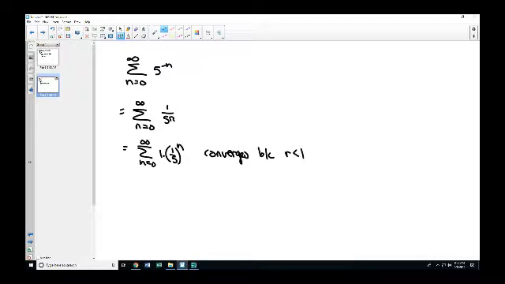Okay, what is the sum? The sum formula, correct? So what is our C? 1. R is 1/5, and 1 minus 1/5 on the bottom.